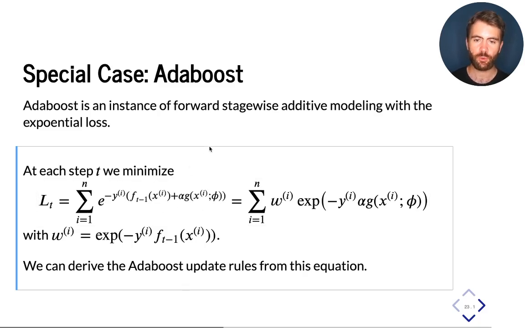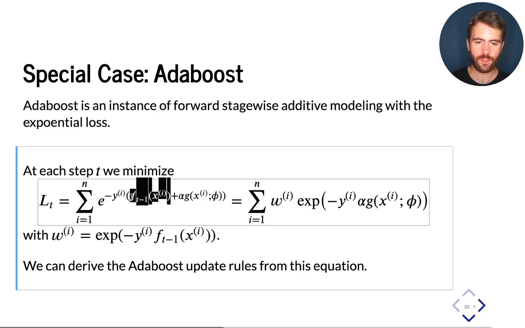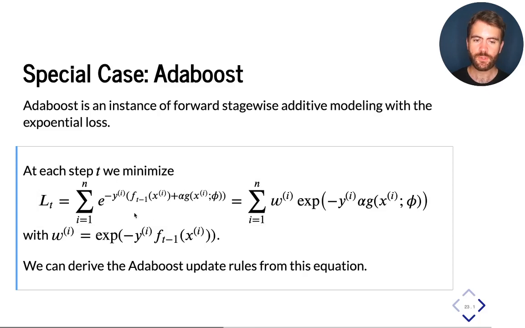Recall that in forward stage-wise additive modeling, this is everything that's already in our ensemble and it's fixed, and we optimize over the weight and the parameters of the new component that we're going to add to our ensemble. So this is our loss, and I can rewrite it in this equivalent form, where I simply did a few algebraic manipulations.